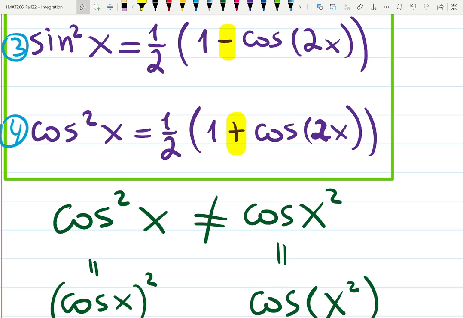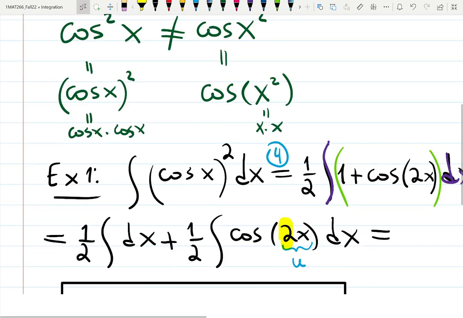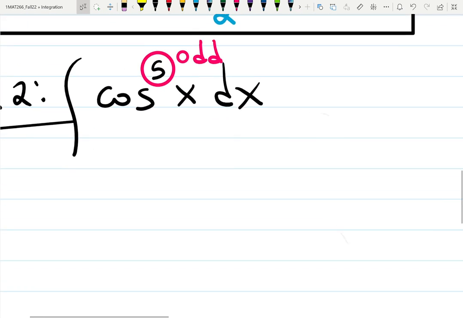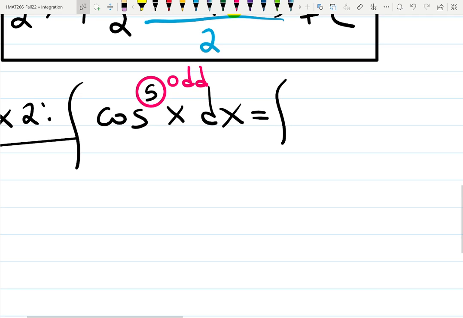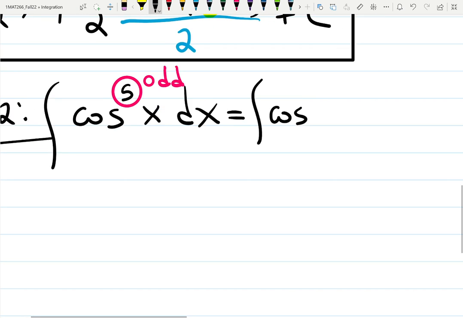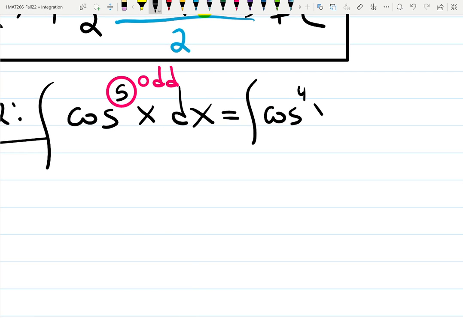So why not make an even exponent out of odd? Let's see if it works. This is the strategy. You break your cosine to the 5 into cosine to the 4, one lower to make it even, and the rest will be the tail, cosine x dx. You agree, right? It's the same thing.